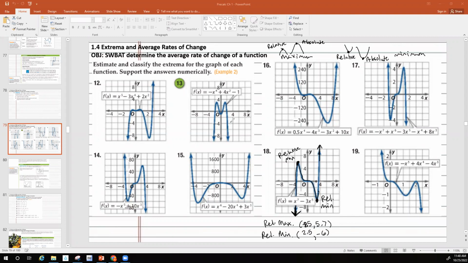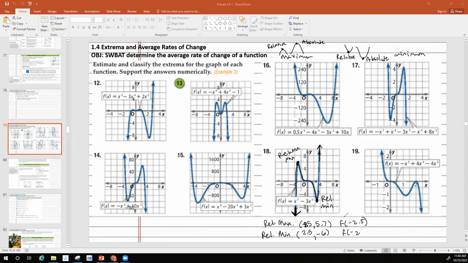All right, but we want to support it numerically, so you'd have to plug in negative 2.5 into f of x, and plug in something smaller and something bigger than that.